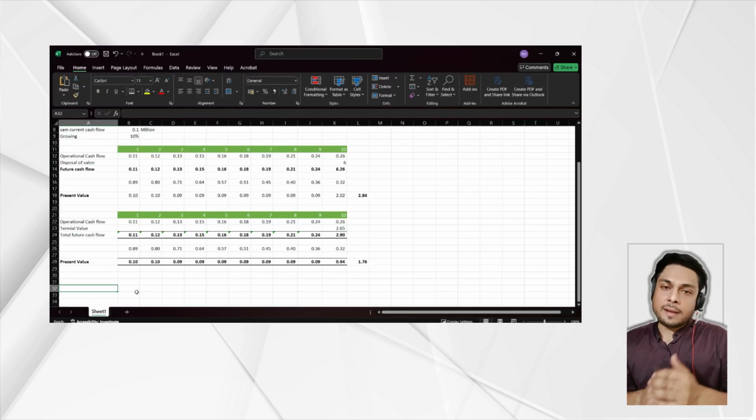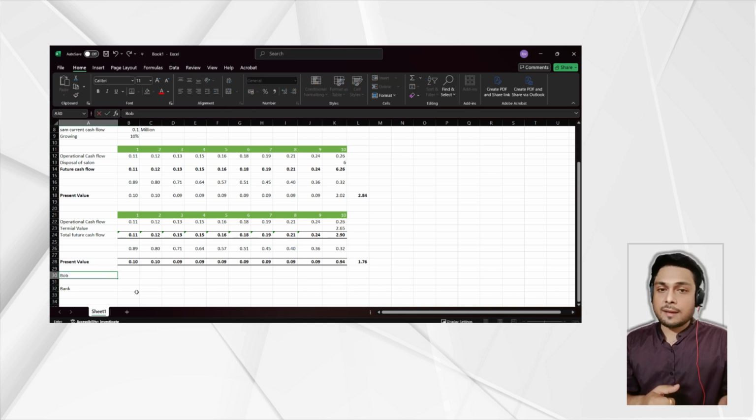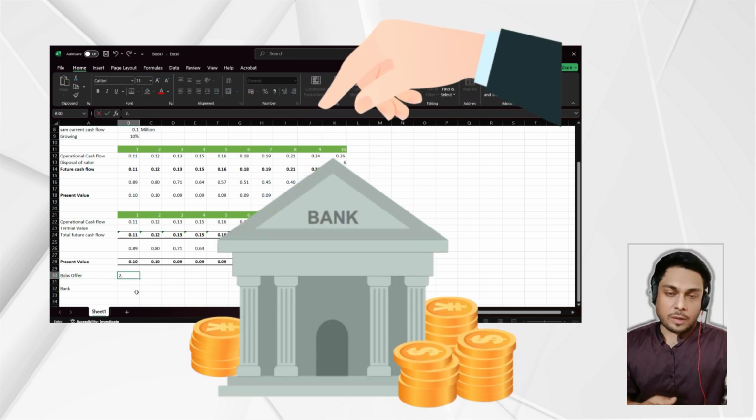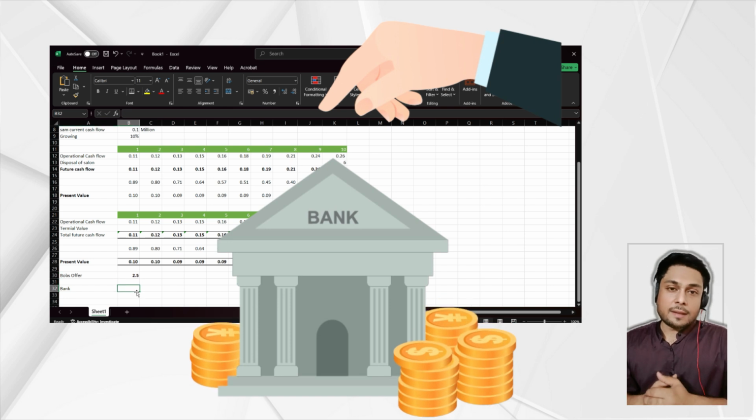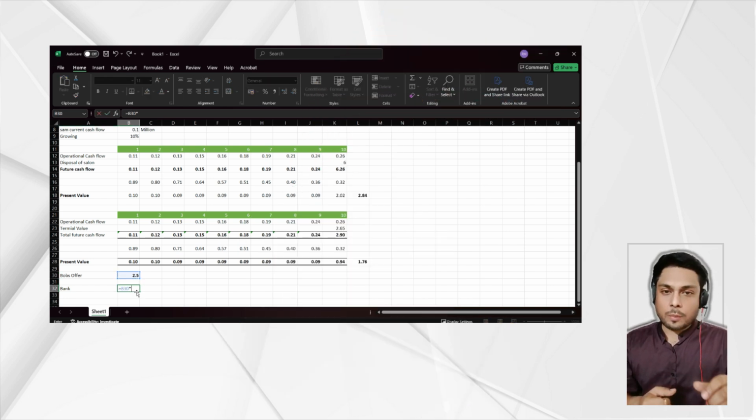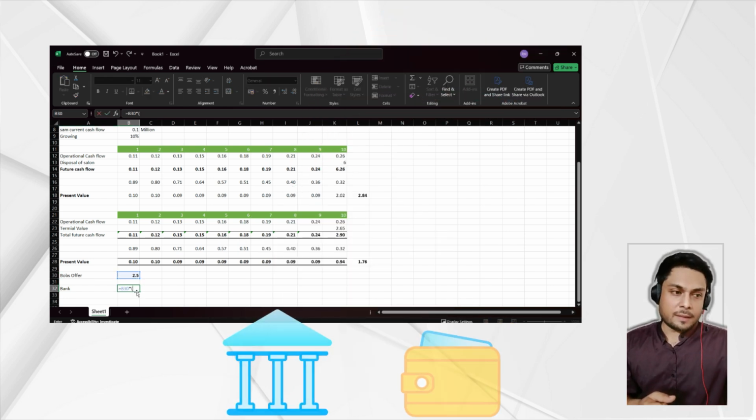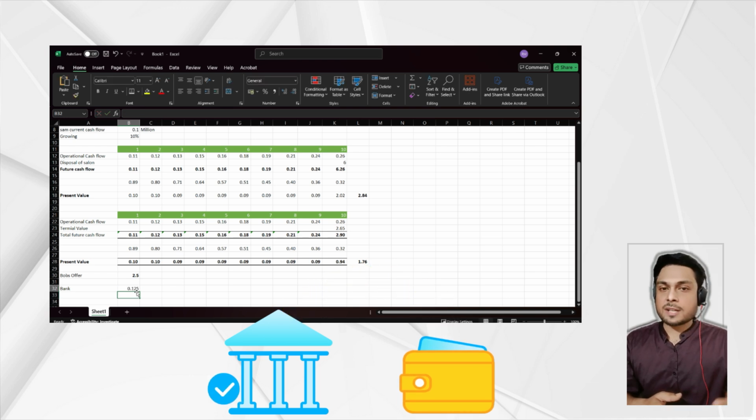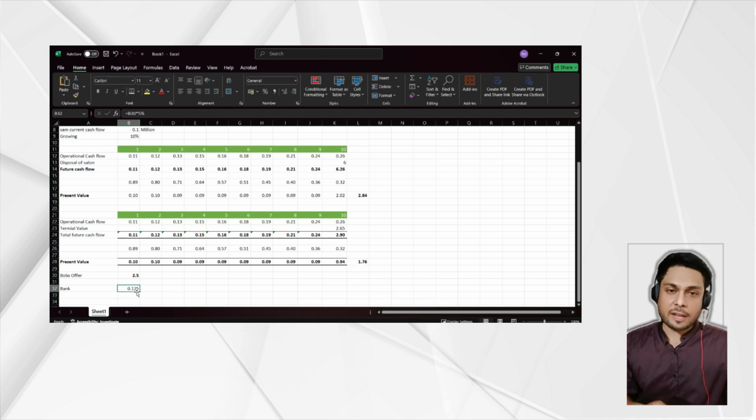So, in the second scenario, if he sells the salon for 2.5 million and let's assume he deposits the entire amount into the bank, then he will generate 0.125 million pounds every year, which is much higher as compared to his current cash flow.